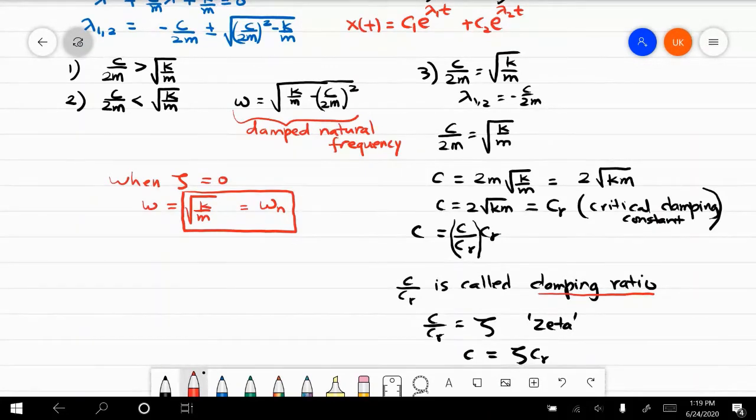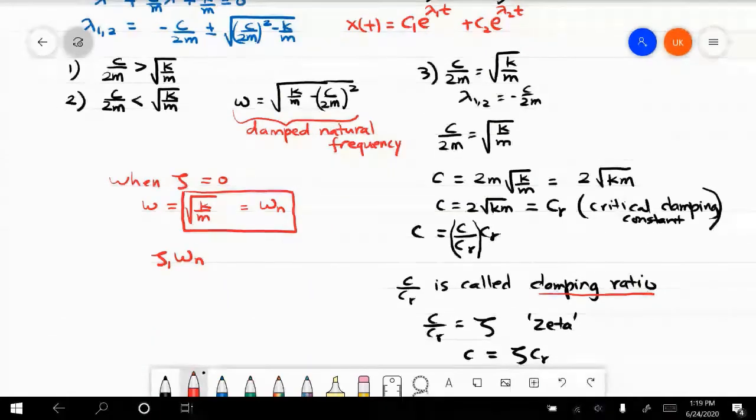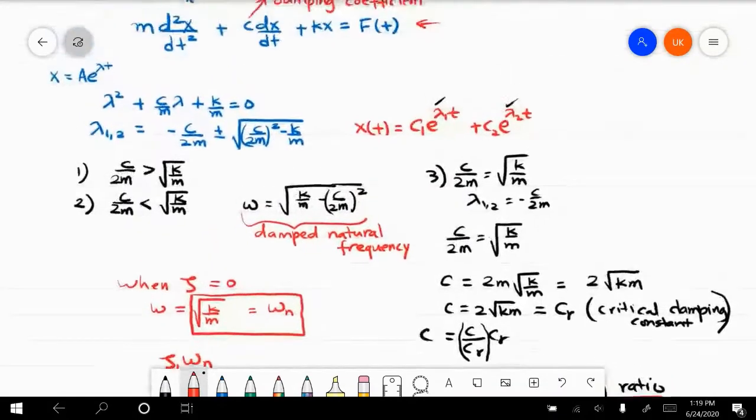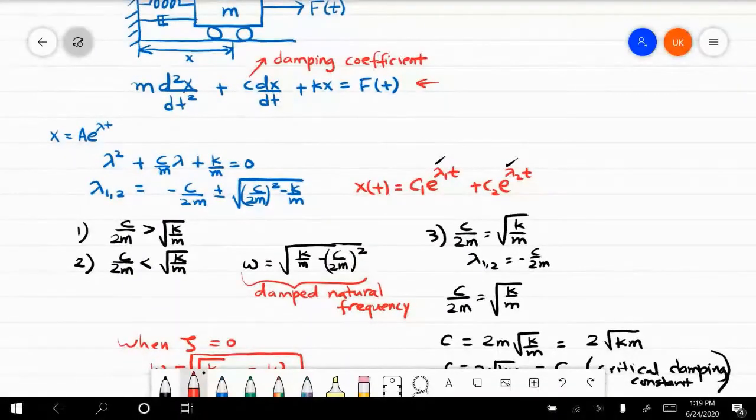So now we are ready to write the second order differential equation in terms of the damping ratio and the natural frequency. Let's do that, and you will realize that it turns out to be a very meaningful representation of the second order differential equation. So the equation we have is this one.